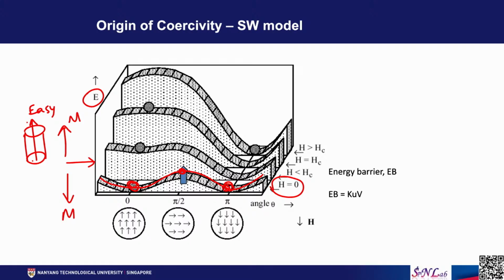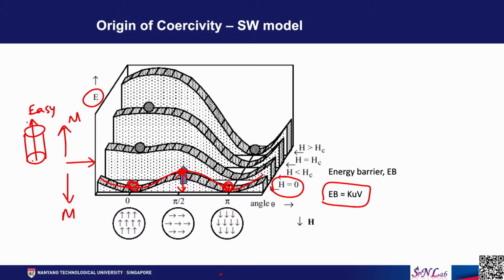Okay, when you do not apply any magnetic field, this is the energy landscape, and this value is called energy barrier. That means, the difference between the lowest energy and the highest energy is the energy barrier, and this is what is called K u V. I already described before, when I discussed superparamagnetism, I talked about this energy barrier K u V. Okay.